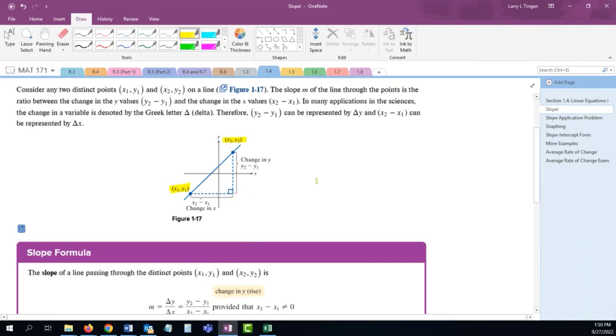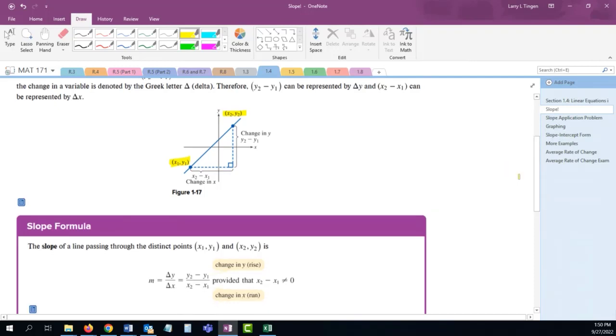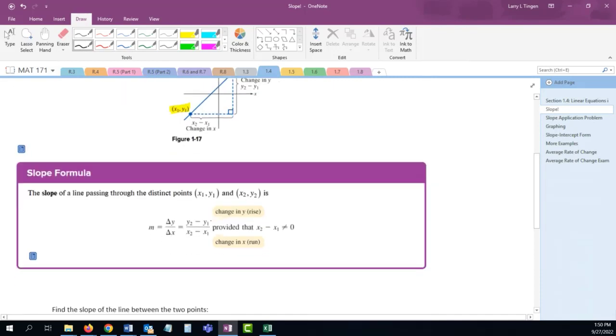So how do I represent these lines? Well, the change in x is my horizontal dotted line. The change in y is my vertical dotted line. And if I want to know the average rate of change of y in terms of x, then I end up with this equation. For notation's sake, you'll see this triangle.